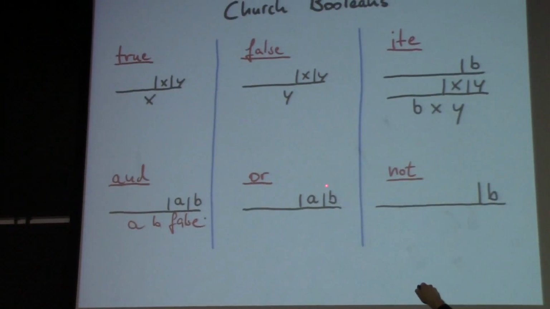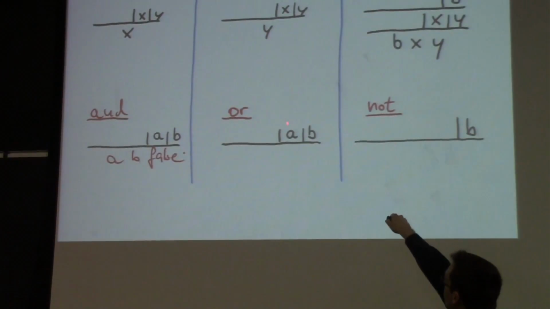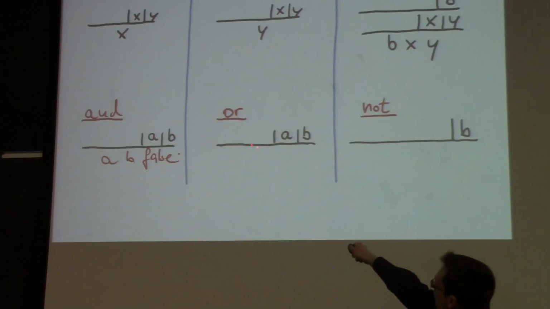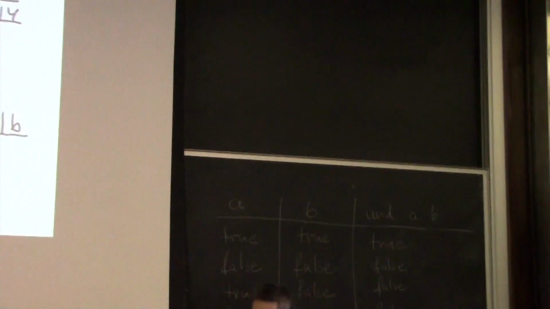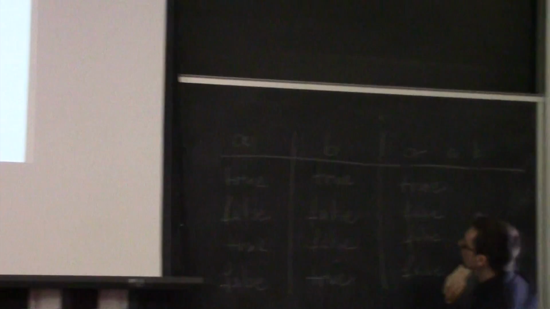So if either A is true or B is true, then we want to get true in the end, and only if the two are false, we want to get false. It's almost the same as this guy, but slightly different. So does any one of you have an idea what I should write down? Let me just write the values in here. So this is what we want. This will be our OR.